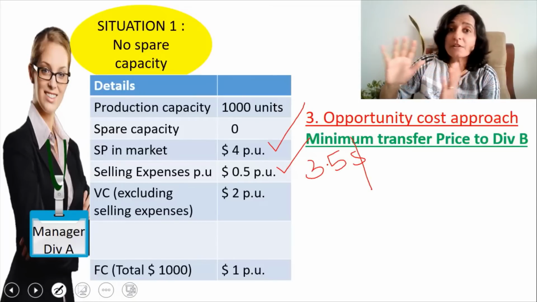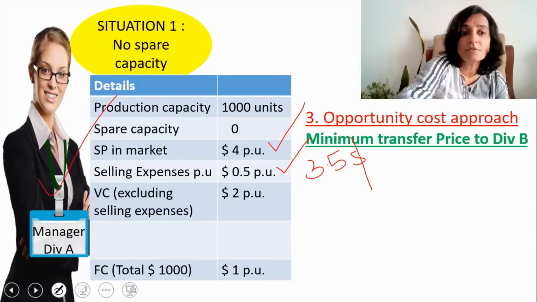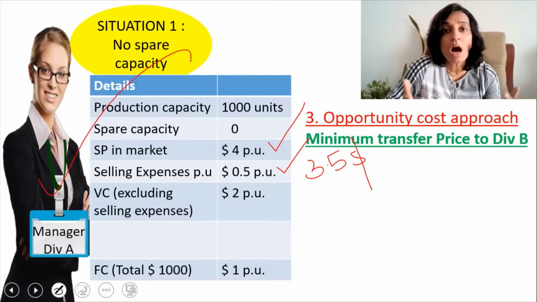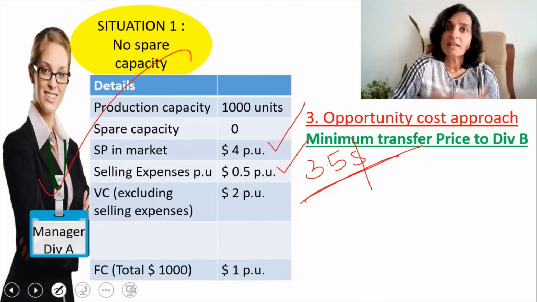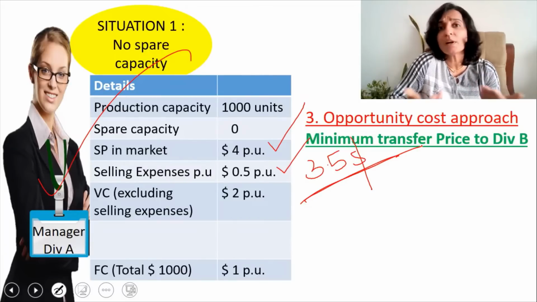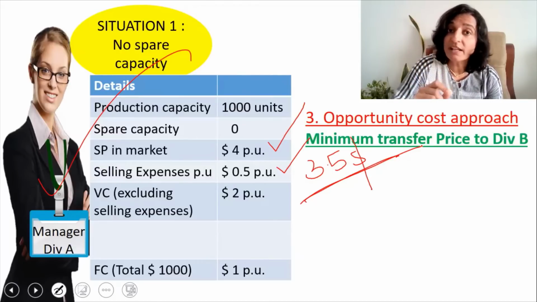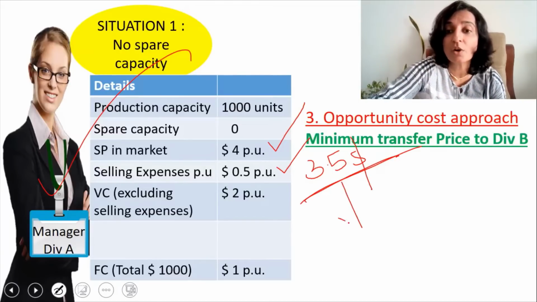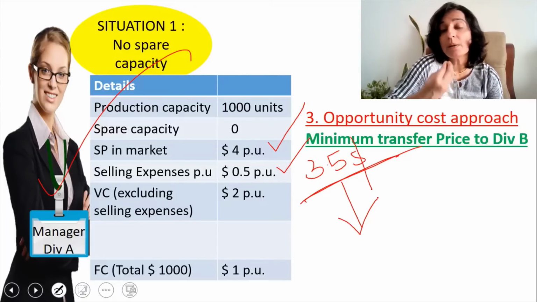Now, if they transfer these goods to division B, then it is logical on the part of the divisional manager to ask for an amount of $3.5 from division B, because that is the amount that they will get if they sell in the open market. So why should the divisional manager suffer just because she's making a transfer to division B? So the amount that she should demand is $3.5 per unit, which will be the minimum transfer price.